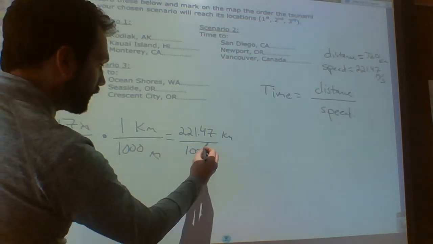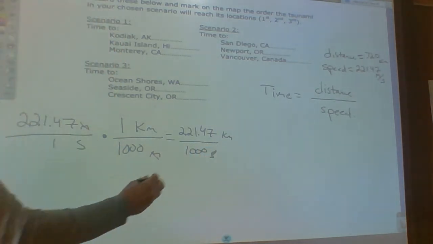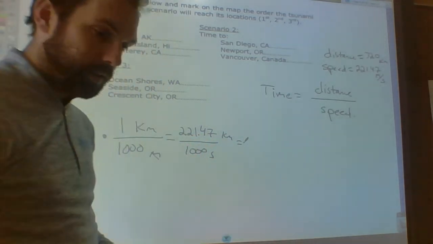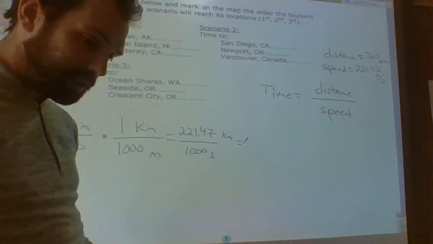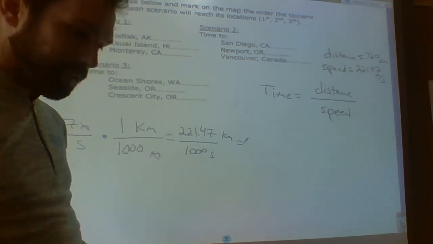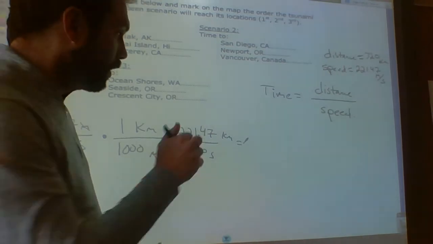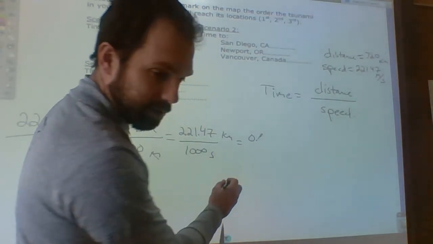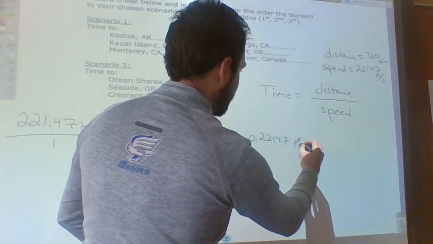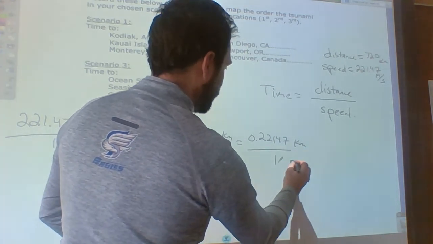Well, we have 1,000 seconds. So then I could divide those two. And we could say 221.47 divided by 1,000. We're going to get 0.22147 kilometers for every 1 second.